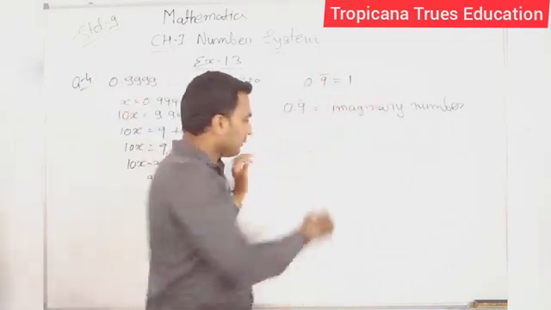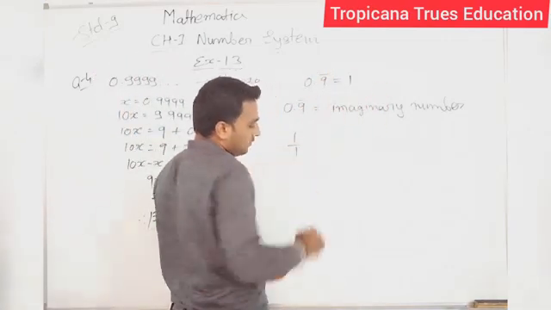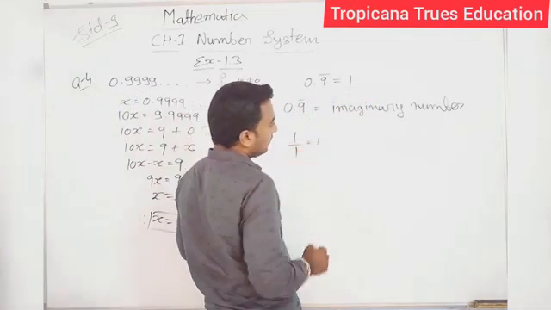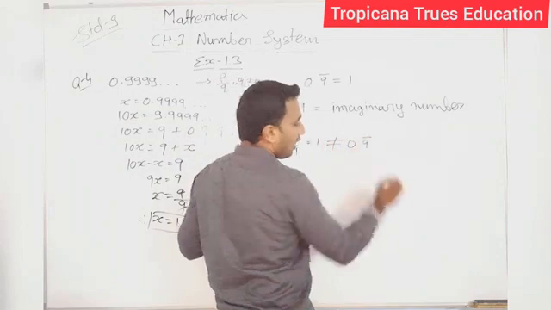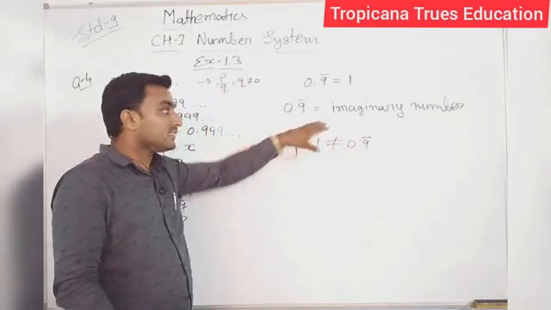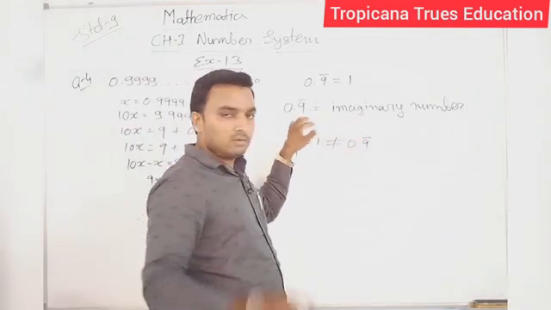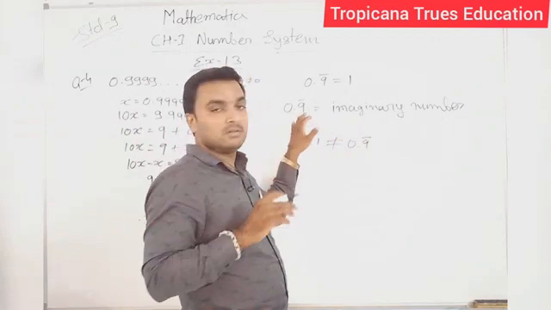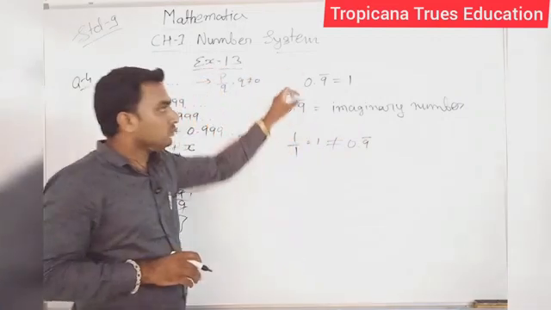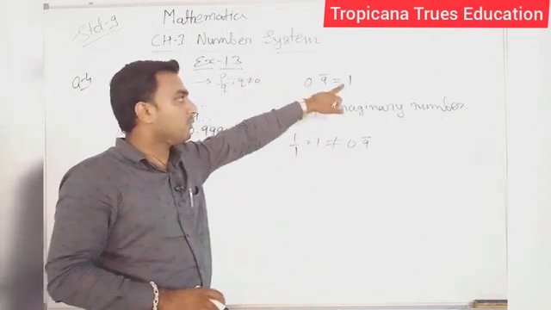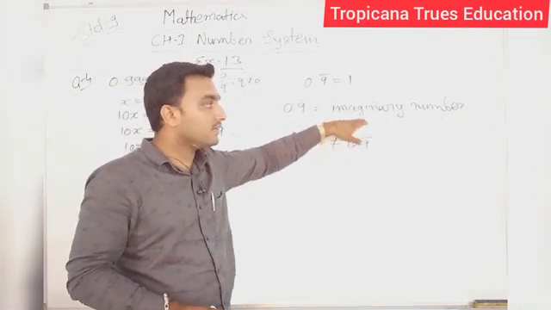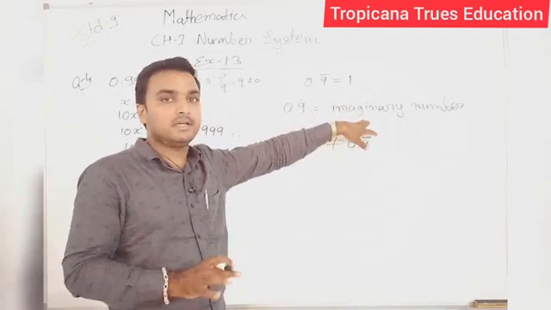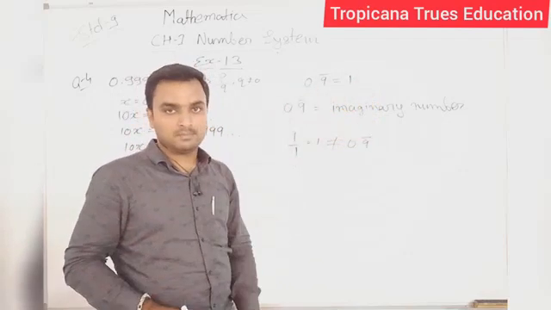We never get it. Why? Because when you divide 1 by 1, the answer will be again 1. It is not equal to 0.9 bar. So that's why this is an imaginary number. We just have to think of it as a number. But when you do this in the form of P upon Q, you always get the answer 1. So we cannot clearly say that the answer will be 1.